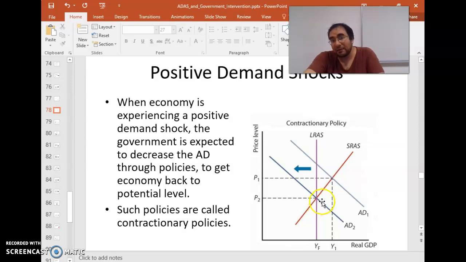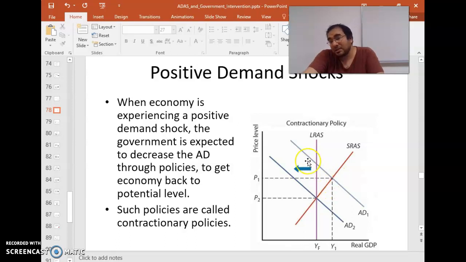So in this case, the self-correcting mechanism will bring you to the potential output level, but at a higher price or inflation level, while government intervention brings you again to the potential output level, but at a lower price or inflation level.